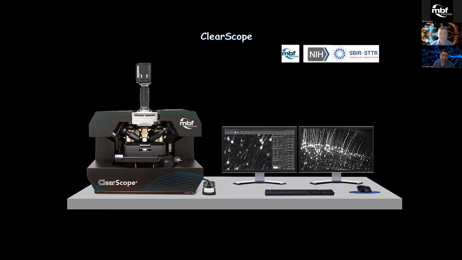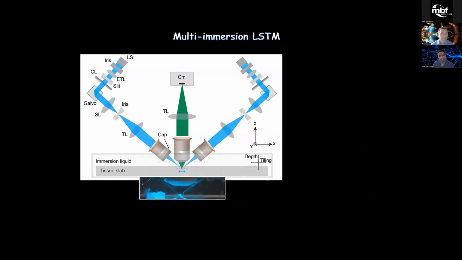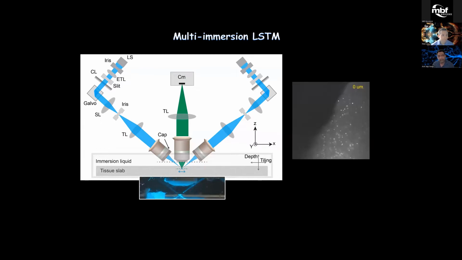I just want to give you a sense from a few application perspectives, but before that, let me just say a thing about the multi-immersion capability of this ClearScope, or next generation LSTM. As I mentioned, if your system is optimized for CLARITY samples and you want to image an iDISCO sample now, you run into this kind of problem.